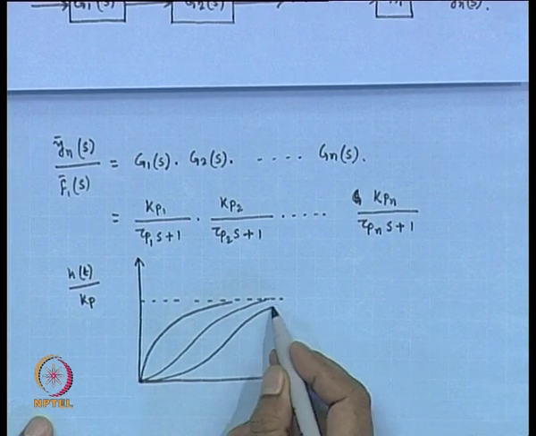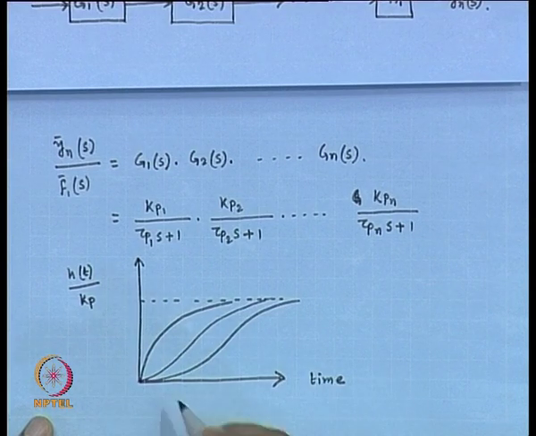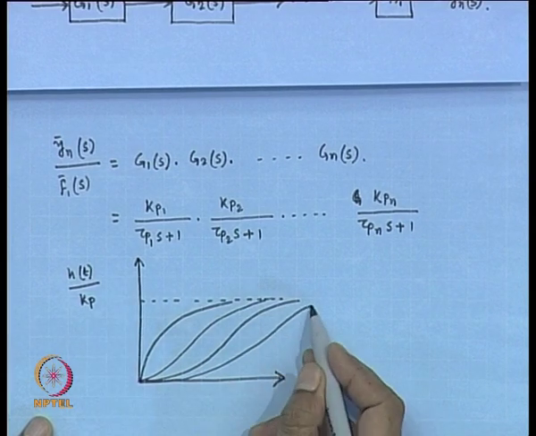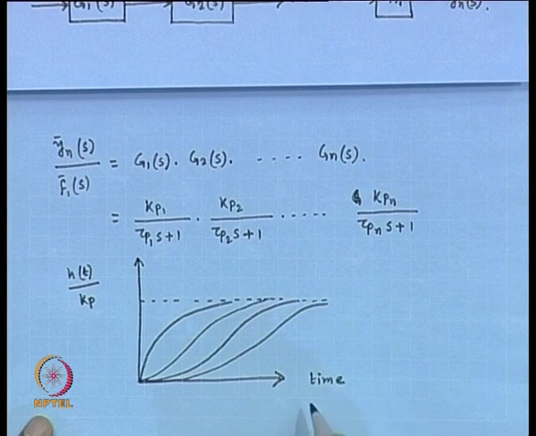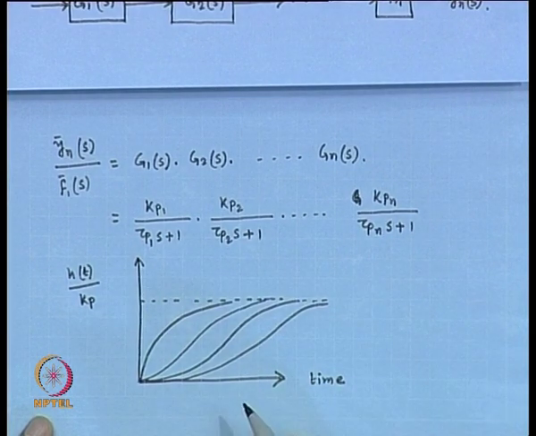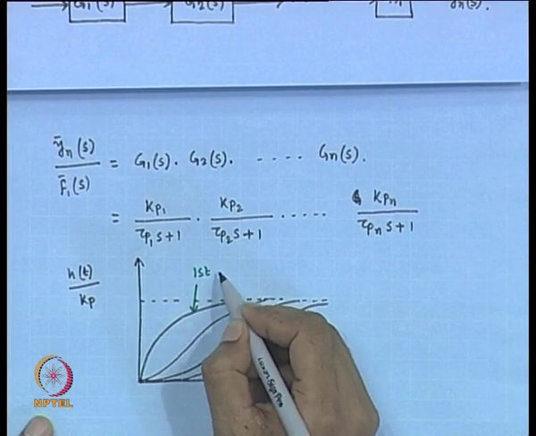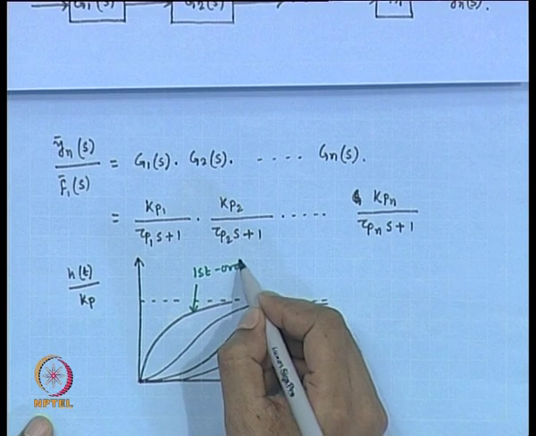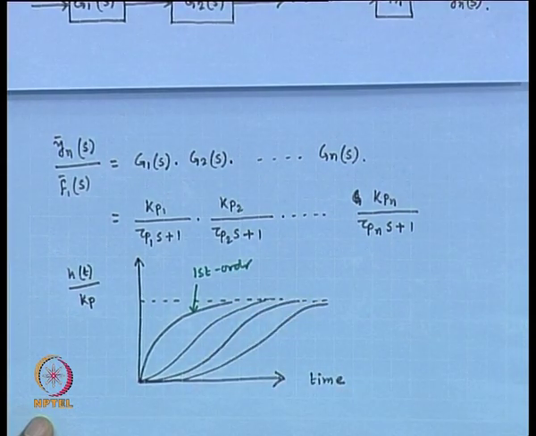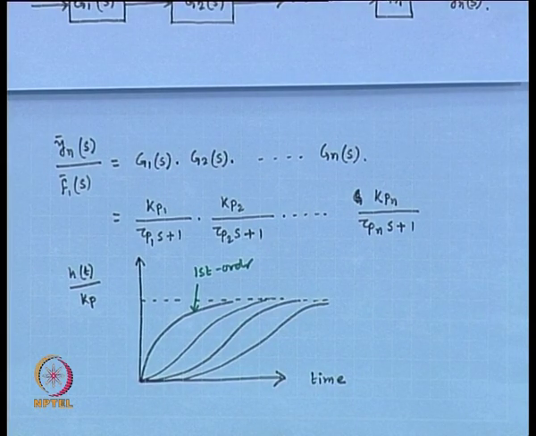This is for two interacting tanks in series, and this is for four non-interacting tanks in series. This is the representation of dynamics of a series of tank system.